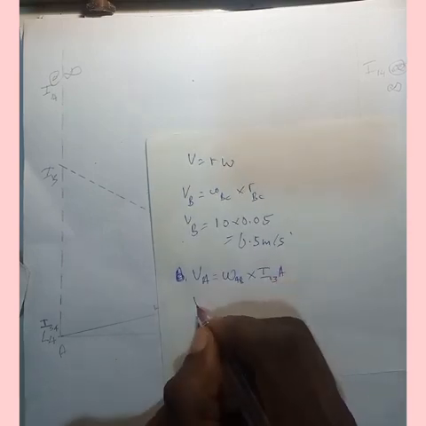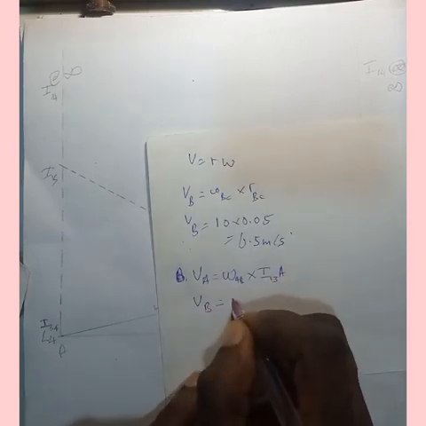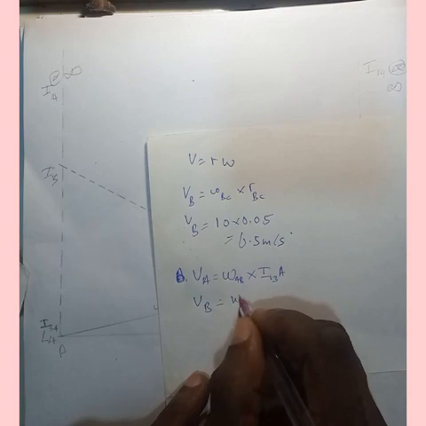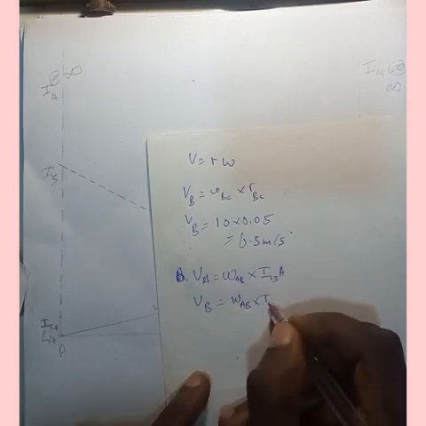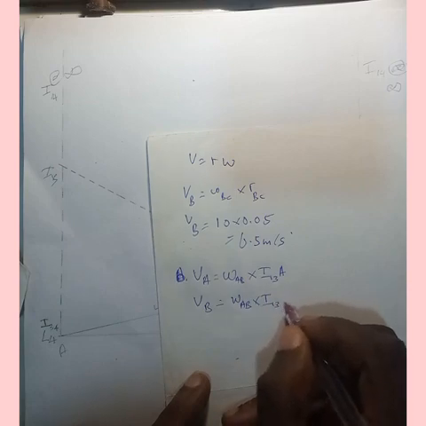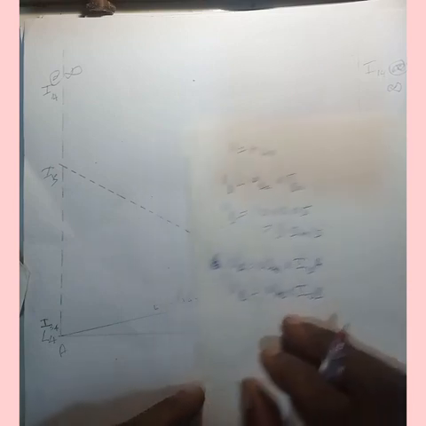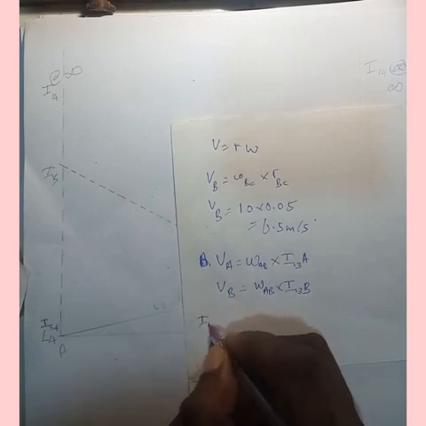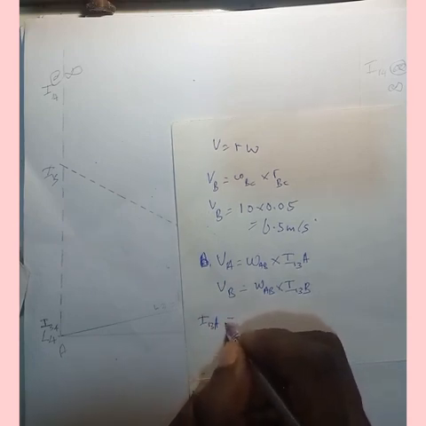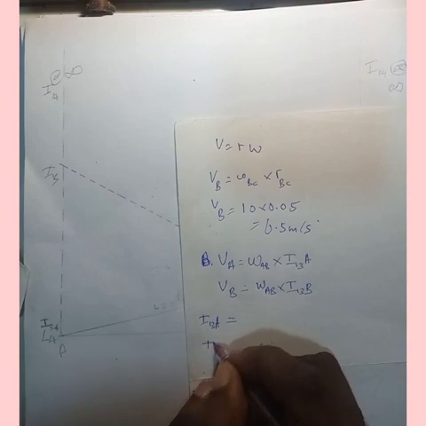And then the velocity of B as well in terms of instantaneous center is also given by omega AB multiplied by I13B. So from the diagram, we need to get the distance I13A, and we also need to get the distance I13B.